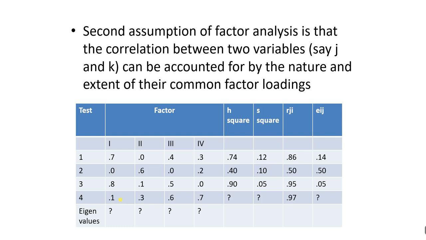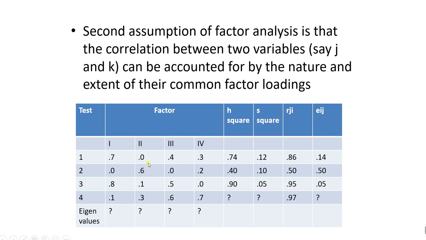You are summing the squared factor loadings across variables. So let us define eigenvalue in these terms: it is the sum of squared factor loadings of a given factor across variables. So 0.7 square plus 0.0 square plus 0.8 square plus 0.1 square will be the eigenvalue of factor 1.